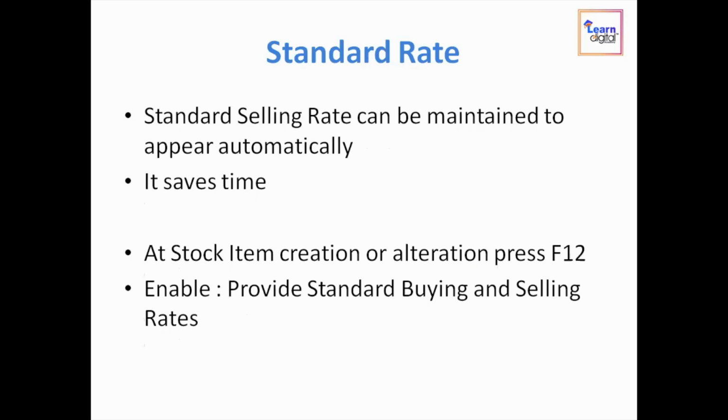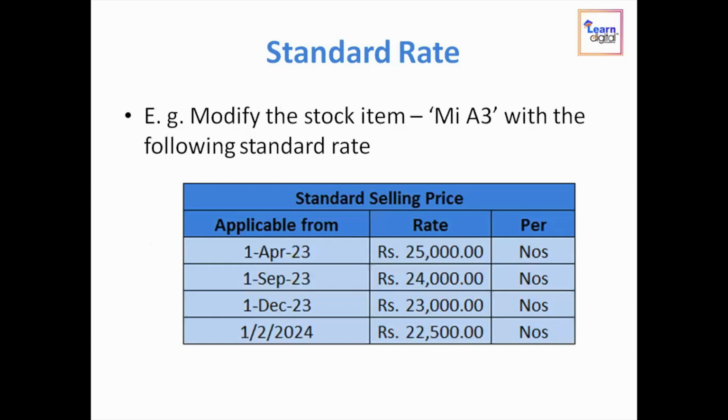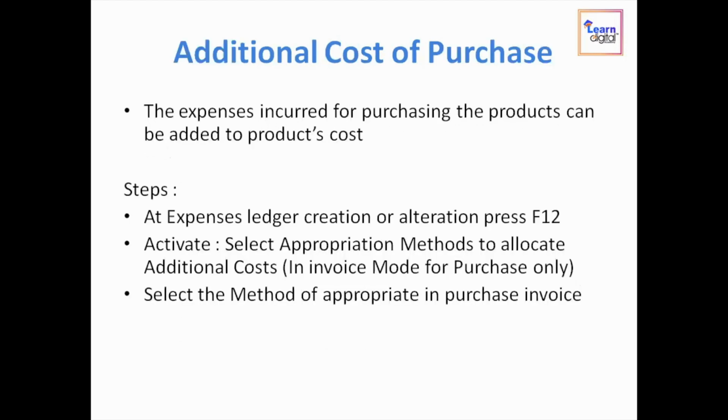Even for purchases we can create the standard rate, but it is not in our hands, it is in the hands of the supplier. So the selling rate is always in our hands. We can create standard rate for selling the products. The invoice arrives at the rate automatically depending on the dates.